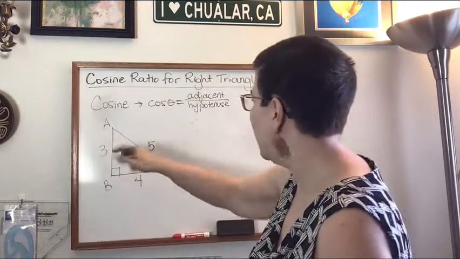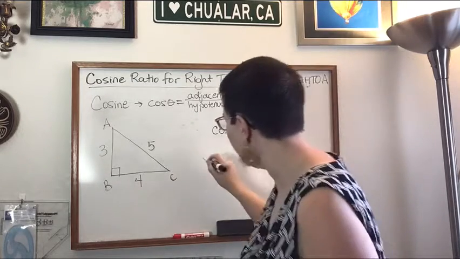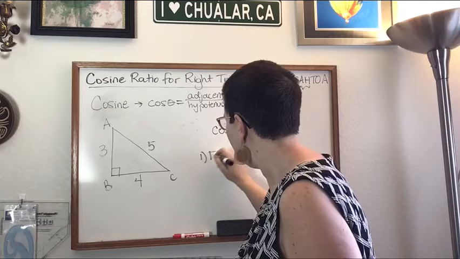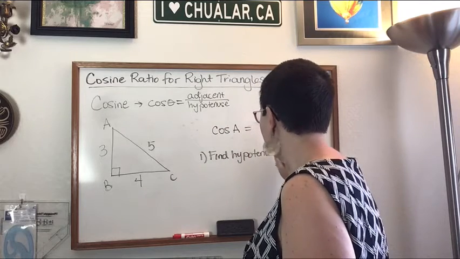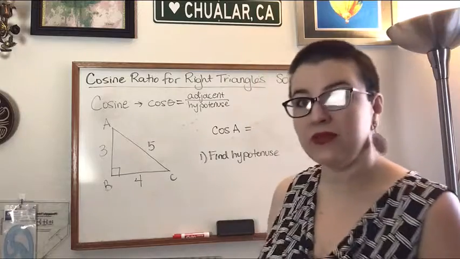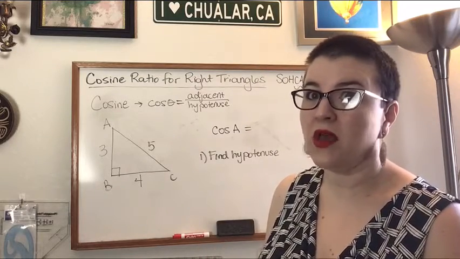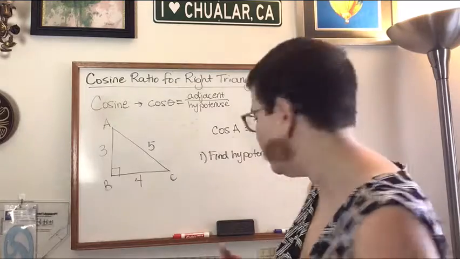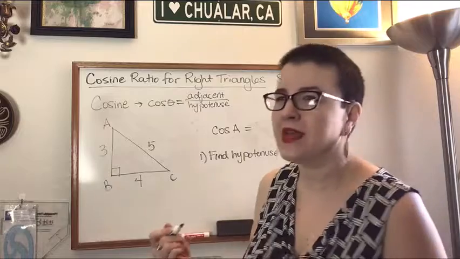All right, so let's say I want to find the cosine of angle A. My first step is to identify the hypotenuse. Always find the hypotenuse first, because the hypotenuse is the hypotenuse is the hypotenuse. It will not ever become the opposite or the adjacent as long as you are doing this for A or C. If I find the hypotenuse, then that's one less side I have to worry about.